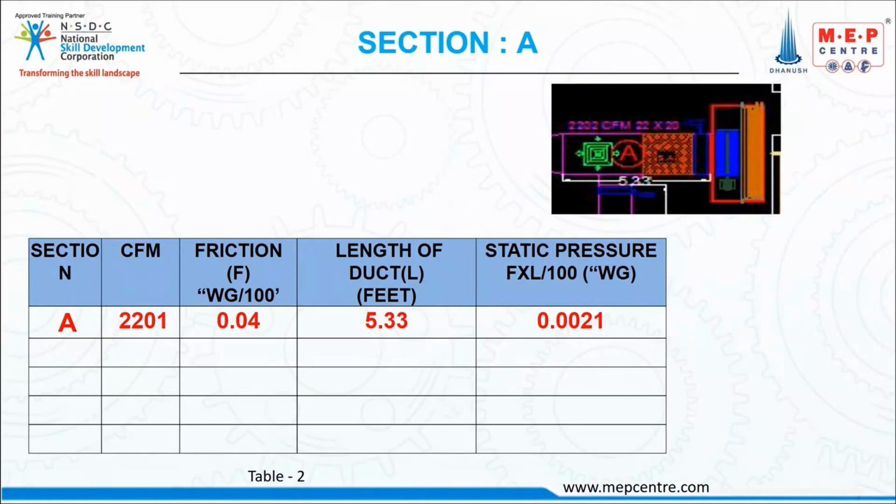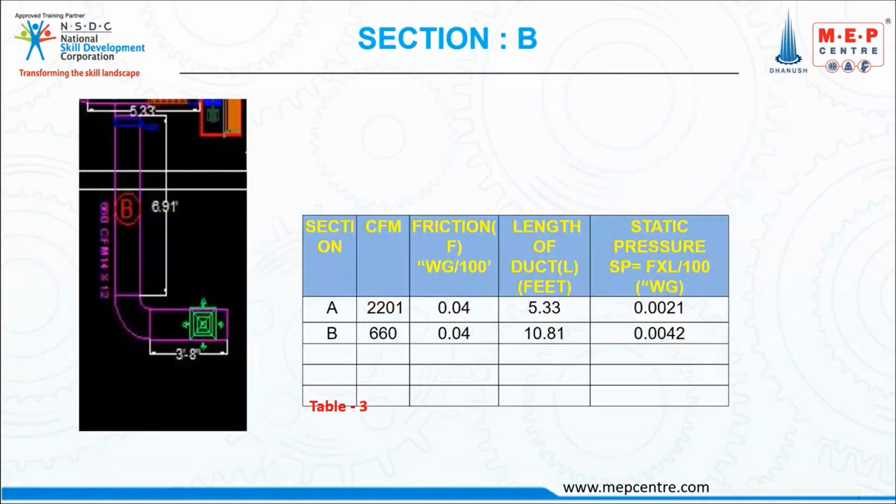Okay, got it. So next, section B, same. CFM is 660. Friction is 0.04. Length is 6.91 plus 3.75, which is 10.81. So we get a value like this.